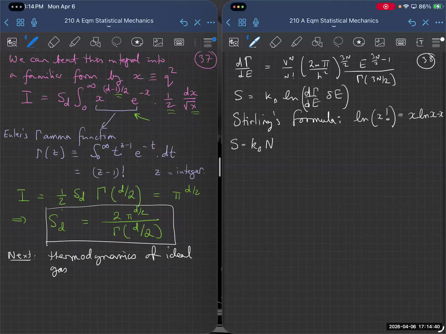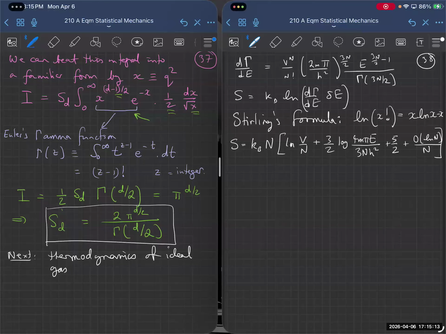Let me just write down the answer: k_B N times the natural logarithm of V over N, plus 3/2 log of (4mπE/(3N h²)), plus 5/2, plus a correction term of order log N divided by N. And that's the final formula for the entropy.